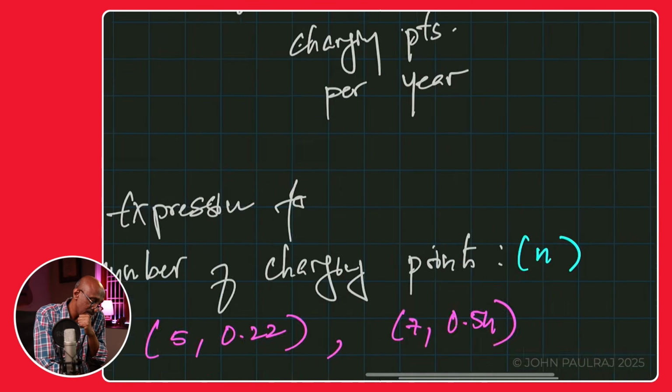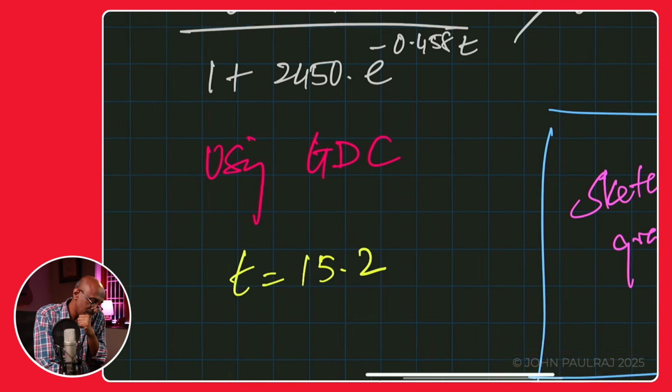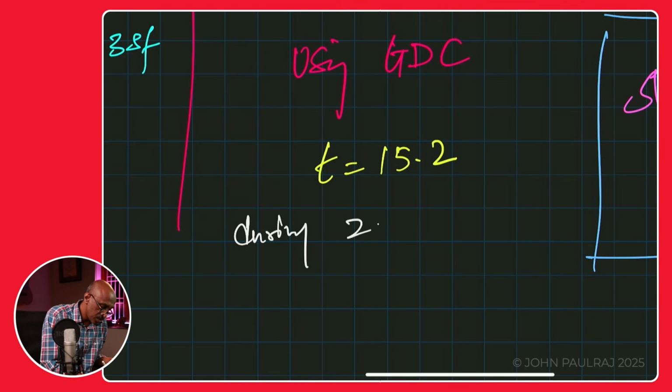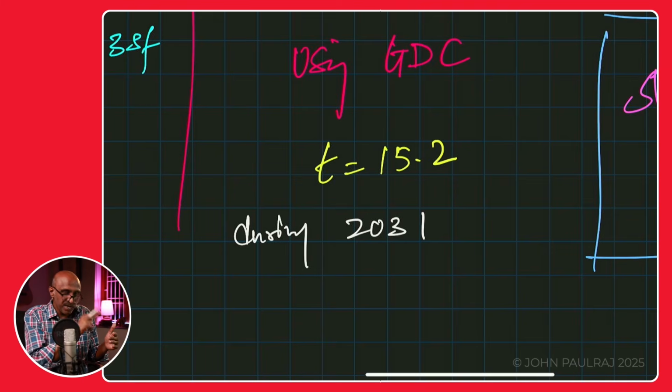So the value of t, we calculated that, right? We've calculated the value of t as 15.2, and then we can say during 2031. Remember, the 15th year after 2015 is 2030, so it's 15.2. So during 2031, we have to write it in context.